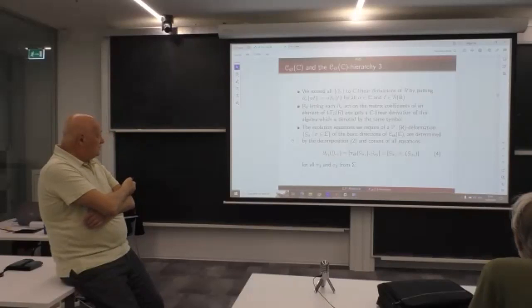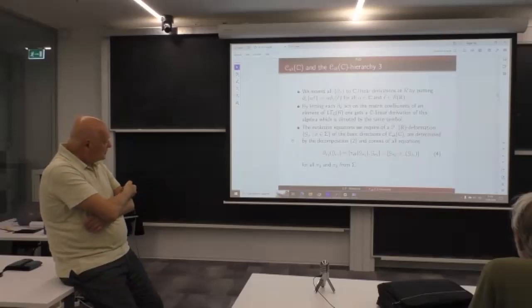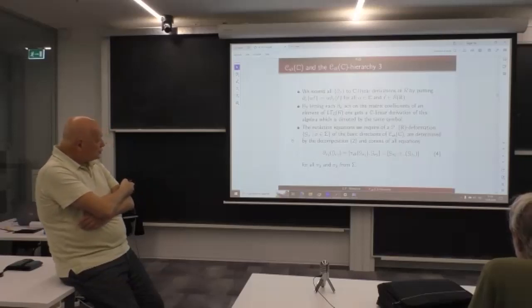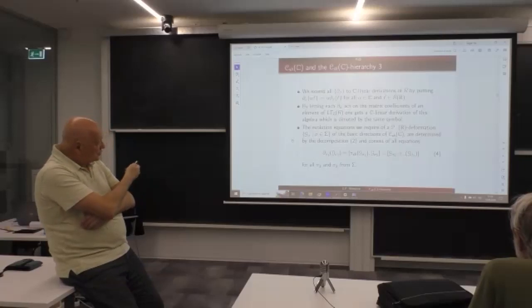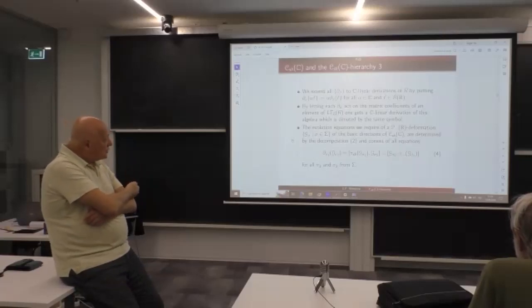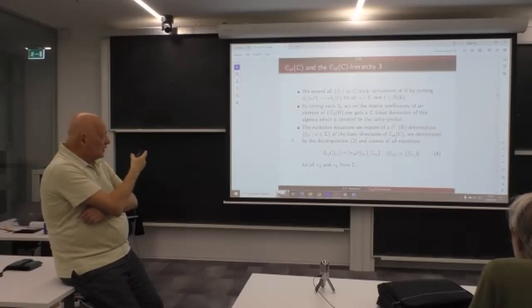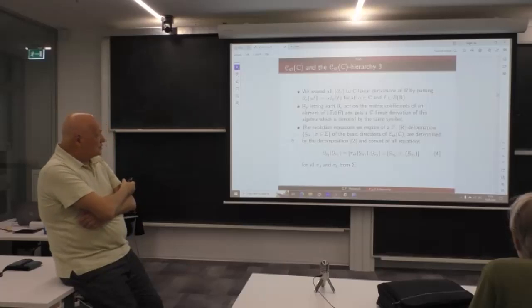And what are the evolution equations? They are written down here. So you get the derivative with respect to partial sigma 1 of the deformed G sigma 2 is equal to the projection of G sigma 1 on the second component, and then the commutator with G sigma 2.